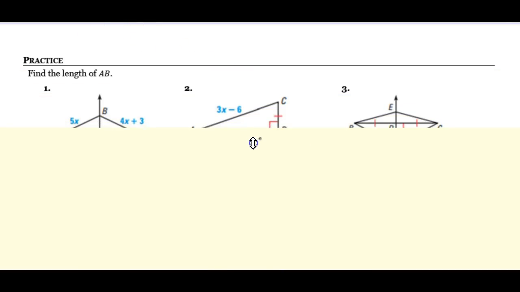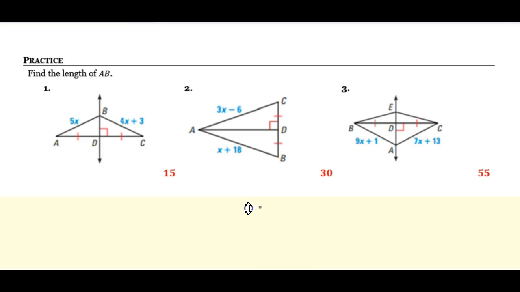All right, try these few practice problems. So pause the video and then come back and check your answers. All right, so in the first three problems, we wanted to find the length of AB. So in number 1, that's 15. In number 2, that's 30.